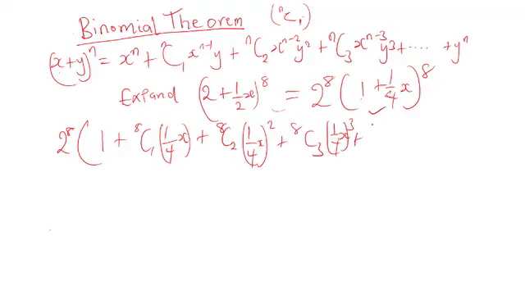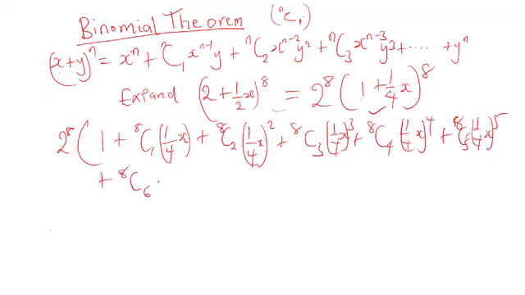The next is 8 combination 4, 1 over 4x raised to the power 4, plus 8 combination 5, 1 over 4x raised to the power 5, plus 8 combination 6, 1 over 4x raised to the power 6, plus 8 combination 7, 1 over 4x raised to the power 7.